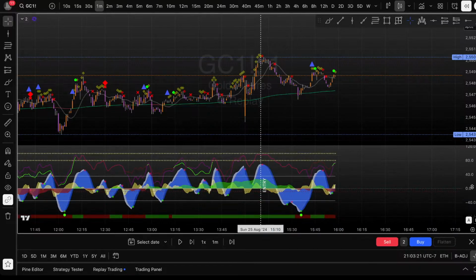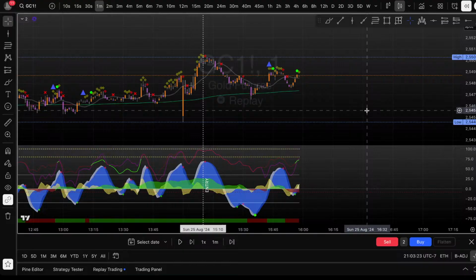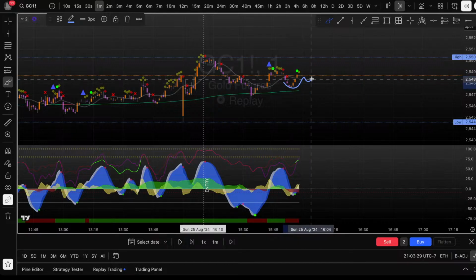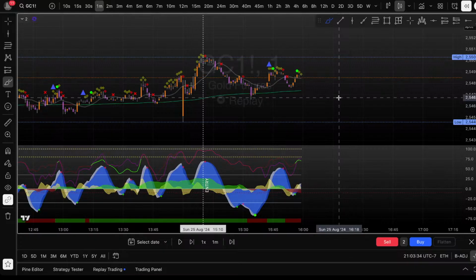We need some strength. We need some buyers to come in. I love this nice curvature. Maybe we can get some action like this. There we go. Fight back, bulls. Stay above the line of scrimmage.